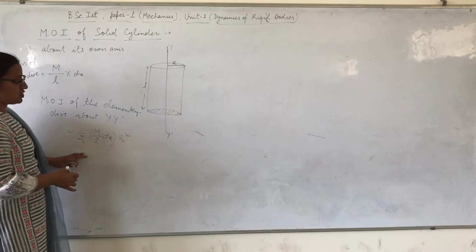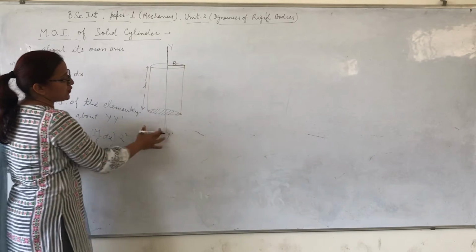Now this is the moment of inertia of the circular disc about the axis y dash.